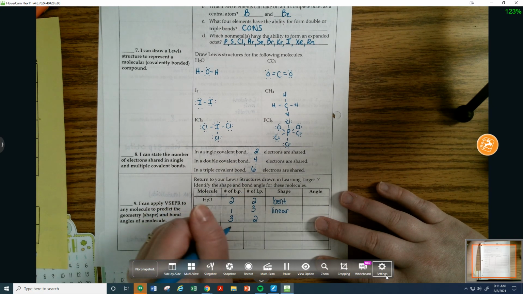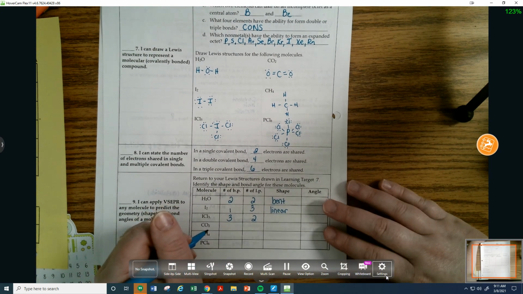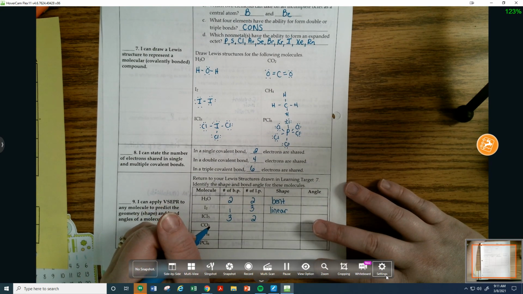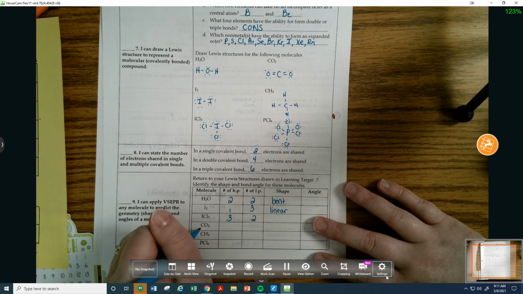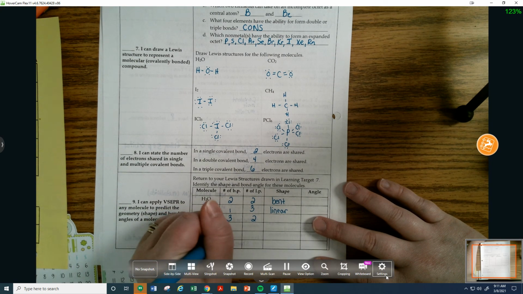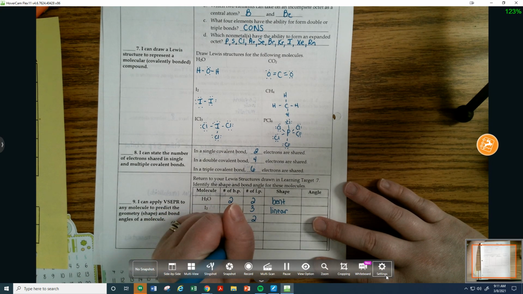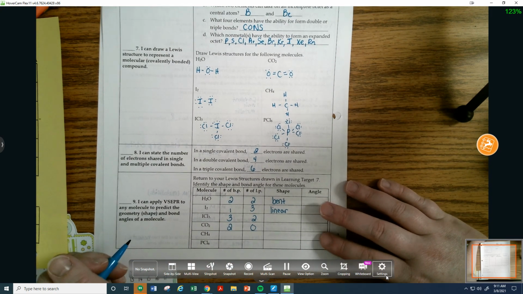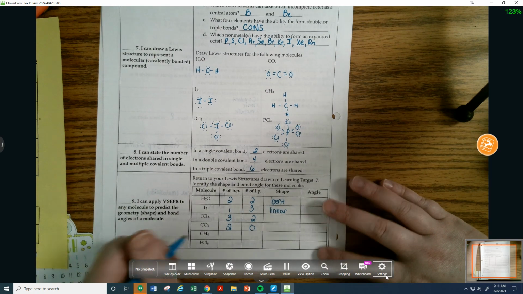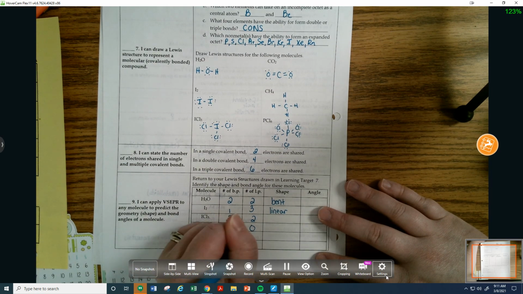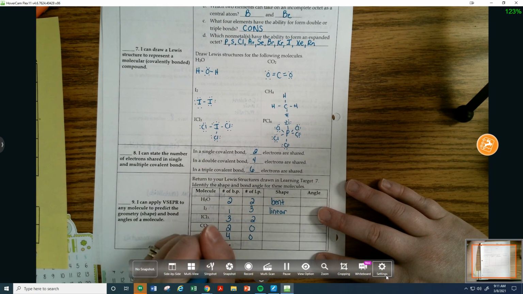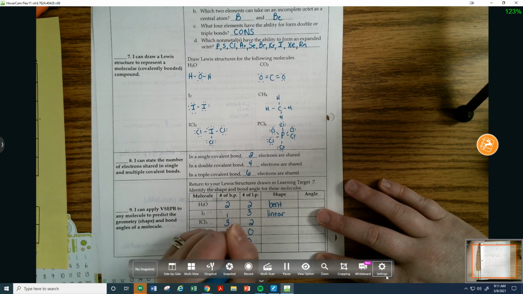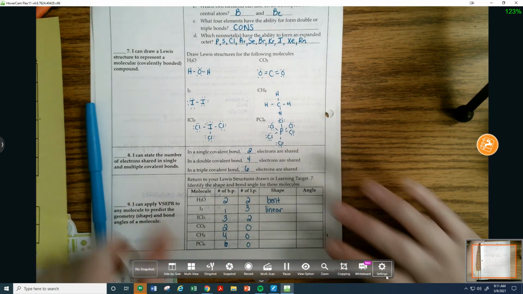Carbon dioxide, I'm going to have to get my table out here in a second for the angles and the shape. I can't remember if this is T-shaped or if it's something else. So CO2 is 2 bonds, again, not 4. Again, around the central atom, single, double, and triple bonds all count as 1 region. Methane has 4 bond pairs, no lone pairs, and PCl6 has 6 bond pairs, none of which are lone pairs. So let me grab my sheet real quick.